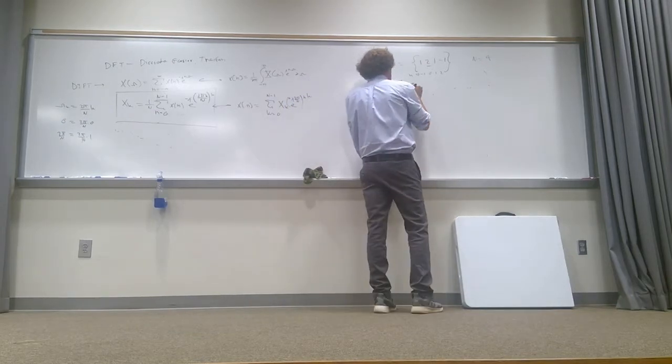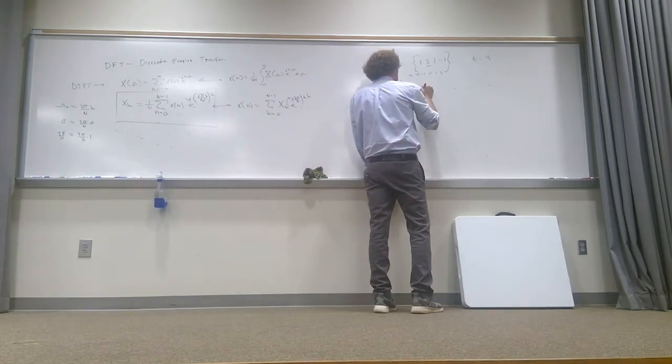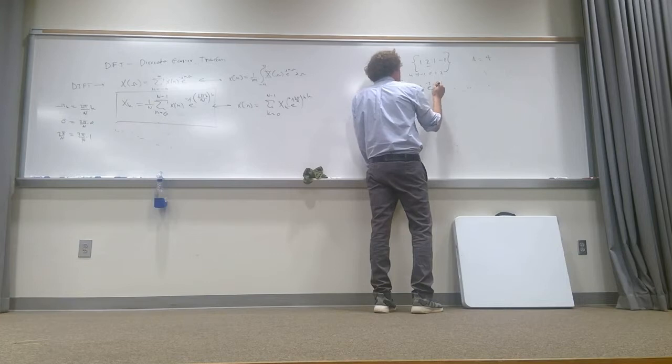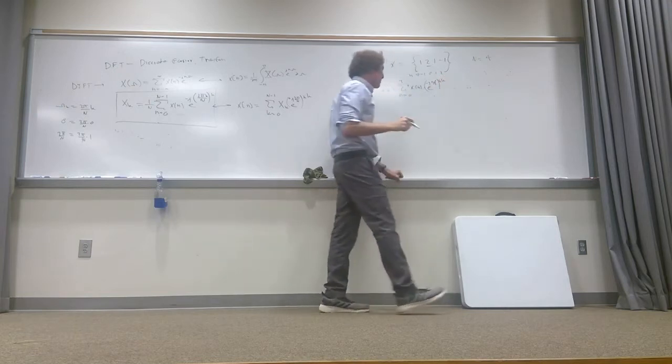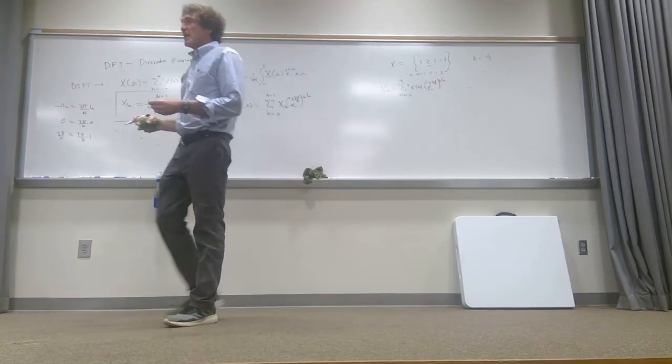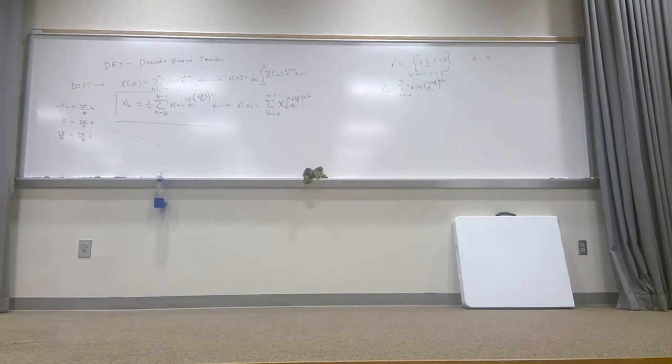And then I'd put x of n here times e to the minus j, and then it's going to be 2 pi over 4 or pi over 2, right? And that is to the nk power. You all see that? I've taken omega, or I should say the delta omega, would be equal to 2 pi over 4 because there are 4 points.